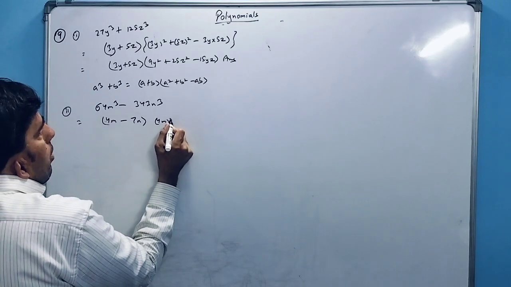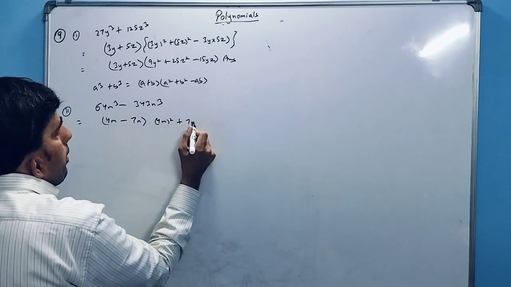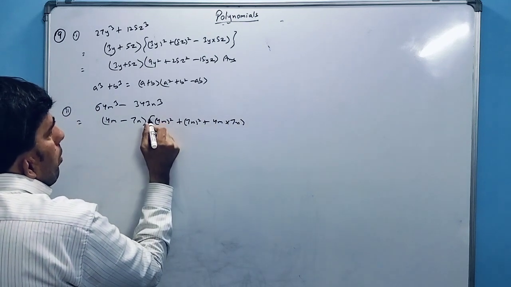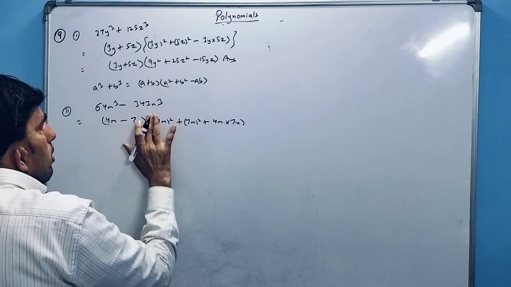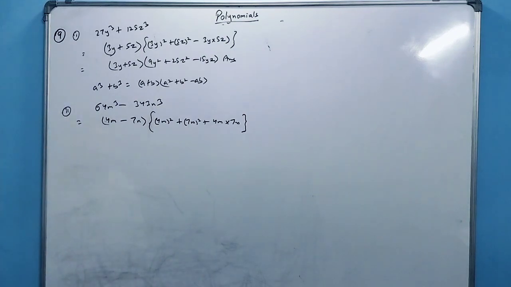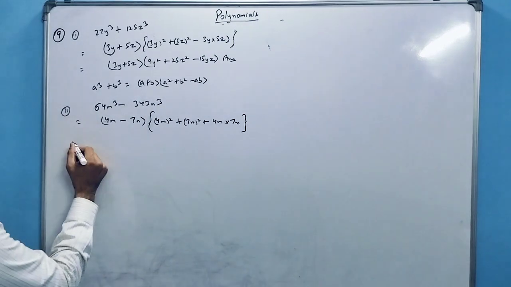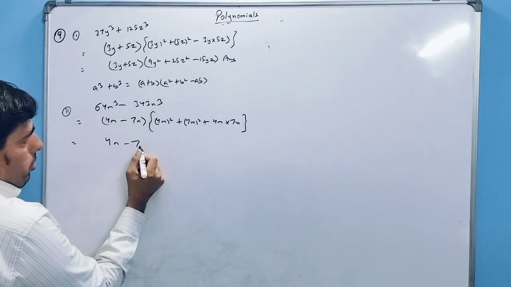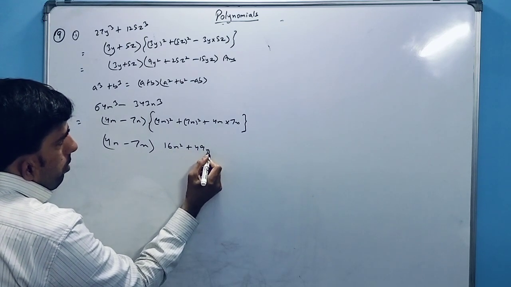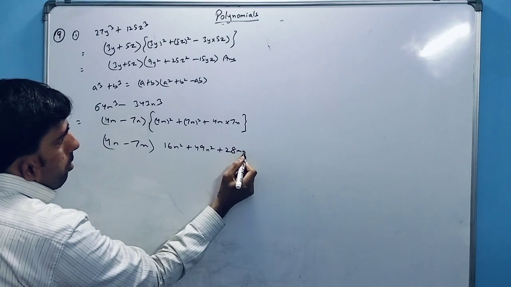So now I can solve it the easy way, that is with 7n, into a square plus b square plus ab.